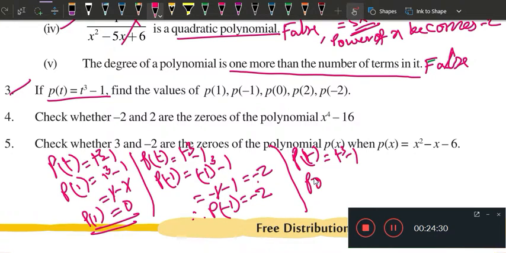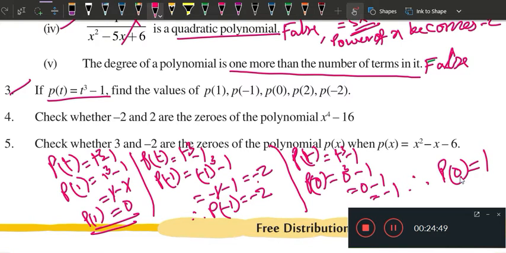P of 0 is equal to 0 cube minus 1. 0 cube means 0, so 0 minus 1 is minus 1. So P of 0 is equal to minus 1.